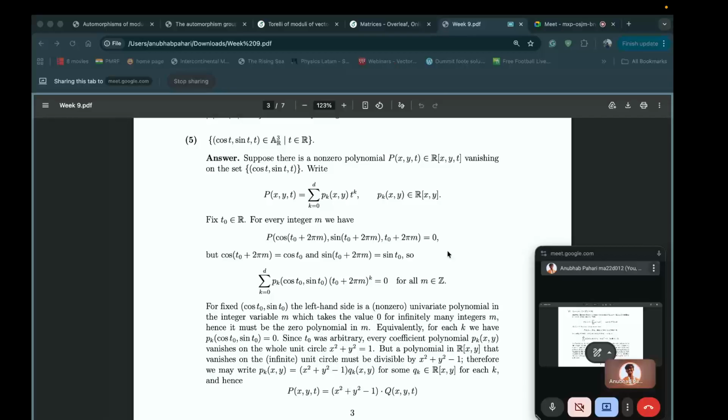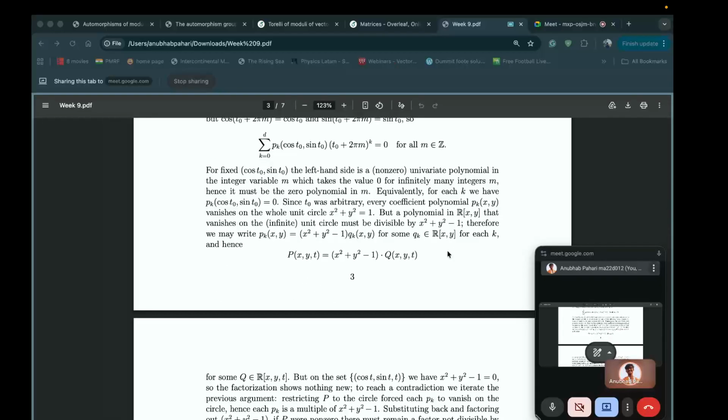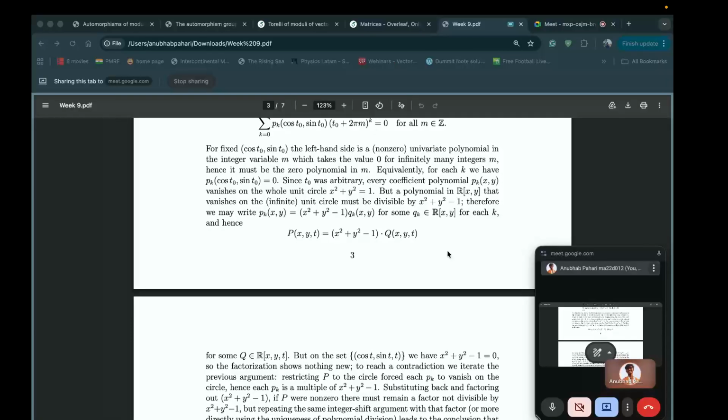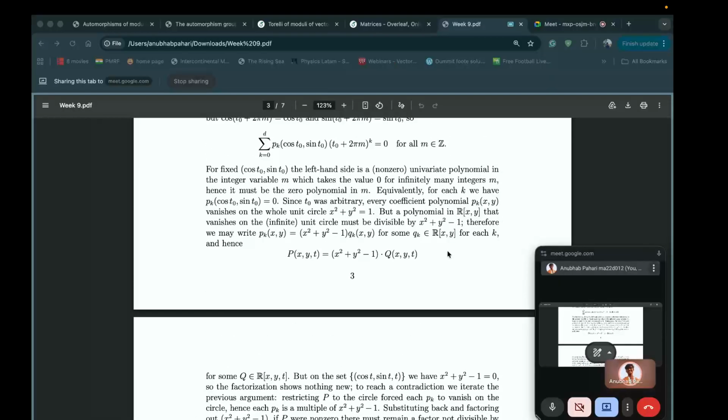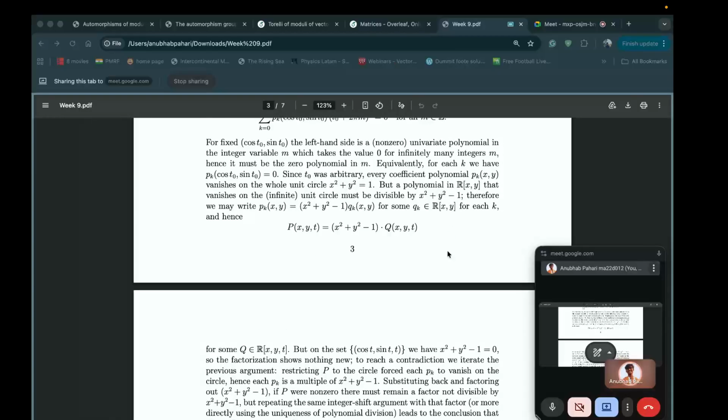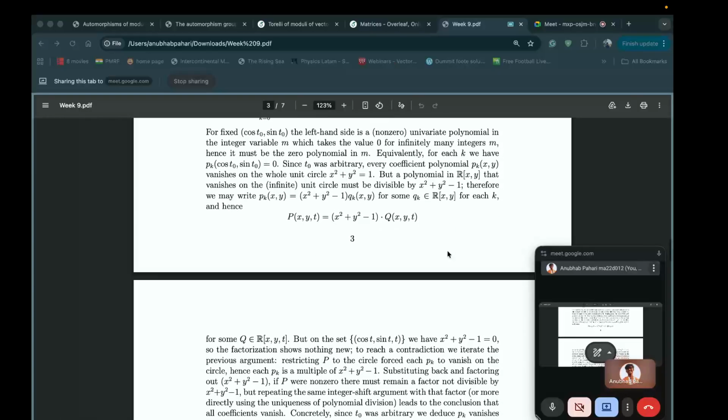Now for fixed (cos t_0, sin t_0), the left hand side is a univariate polynomial in the integer variable m, which takes the value 0 for infinitely many integers m. Hence it must be the zero polynomial in m, and equivalently for each k we have p_k(cos t_0, sin t_0) equals 0.